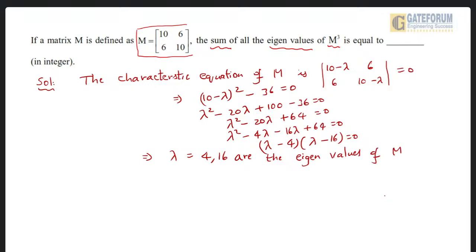Now, according to the properties of eigenvalues, the matrix M cube has eigenvalues lambda cube.